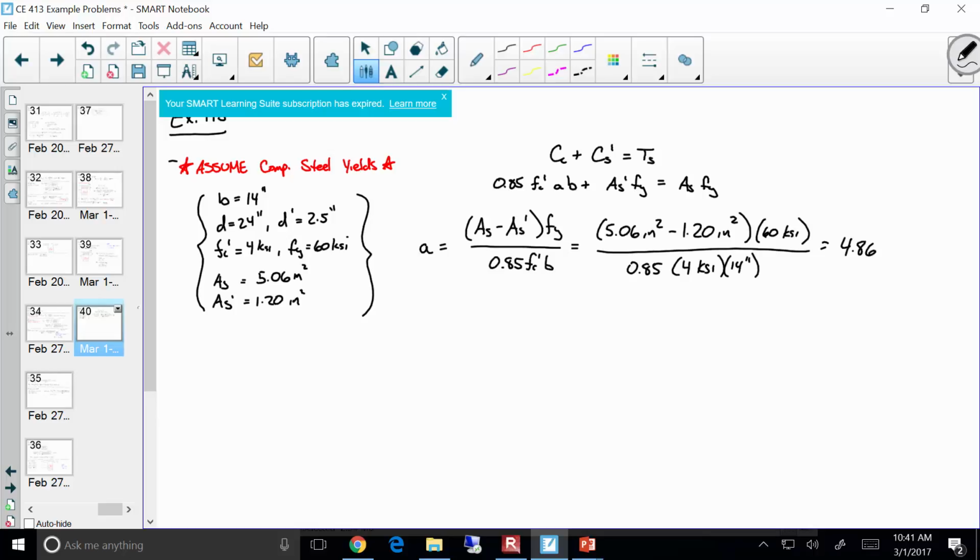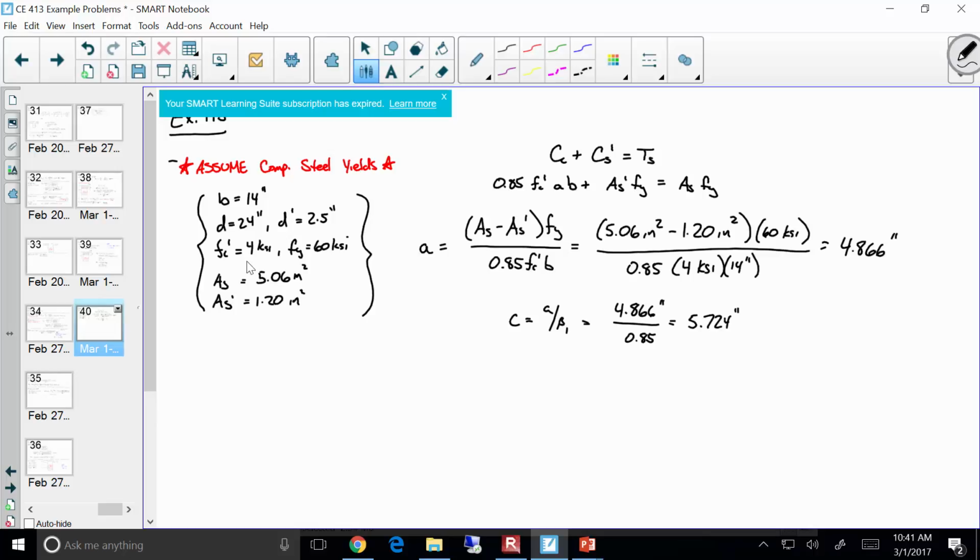Maybe like 6.6? Okay. All right, c is a over beta 1, which is 4.866 divided by 0.85, which comes out to be 5.724.